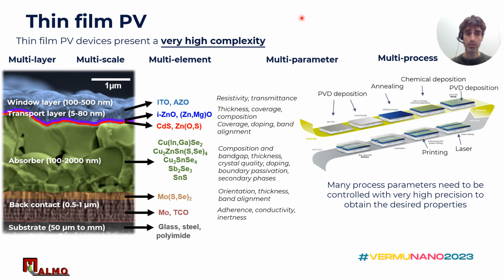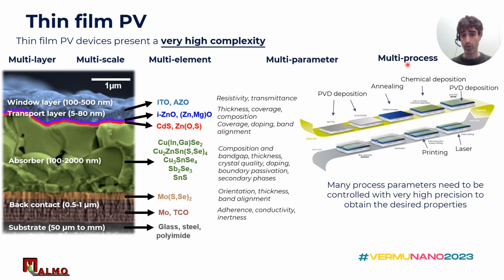However, the problem of thin film technologies is that they are very complex. They are multi-layer. You can see here that our thin film PV device is a stack of different layers that are also multi-scale. Some of them are in the nanoscale, some of them are in the microscale. Each of these layers is comprised of different elements and also has different control parameters.